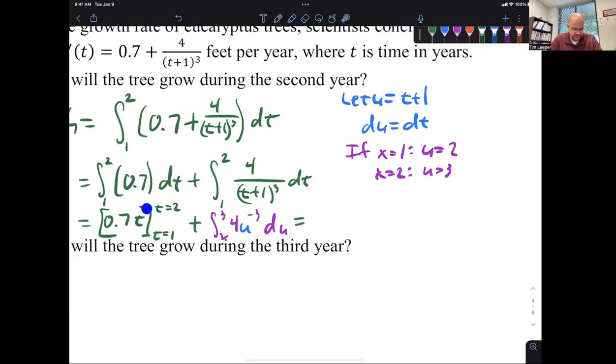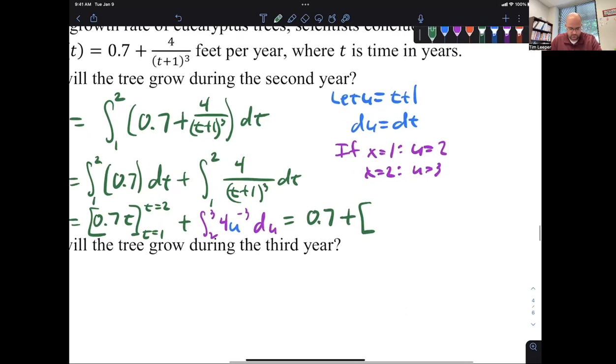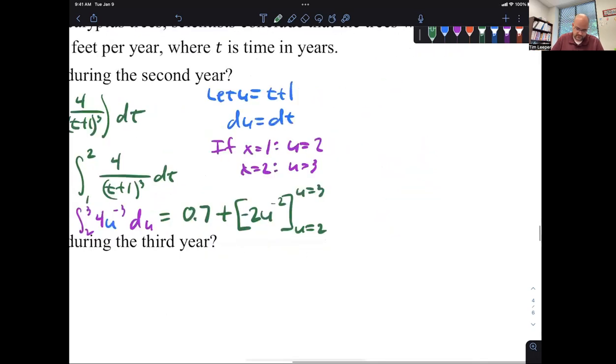Now, evaluating this, 0.7 times 2 minus 0.7 times 1, that would be 0.7. So that's equal to 0.7 plus, and then over here, this becomes u to the negative 2, and 4 divided by negative 2 is negative 2, evaluated from u equals 2 to u equals 3.